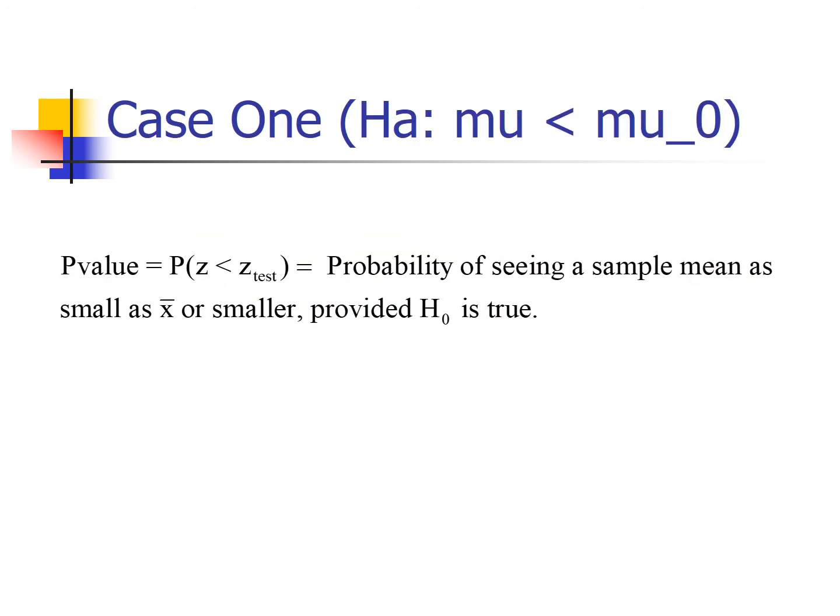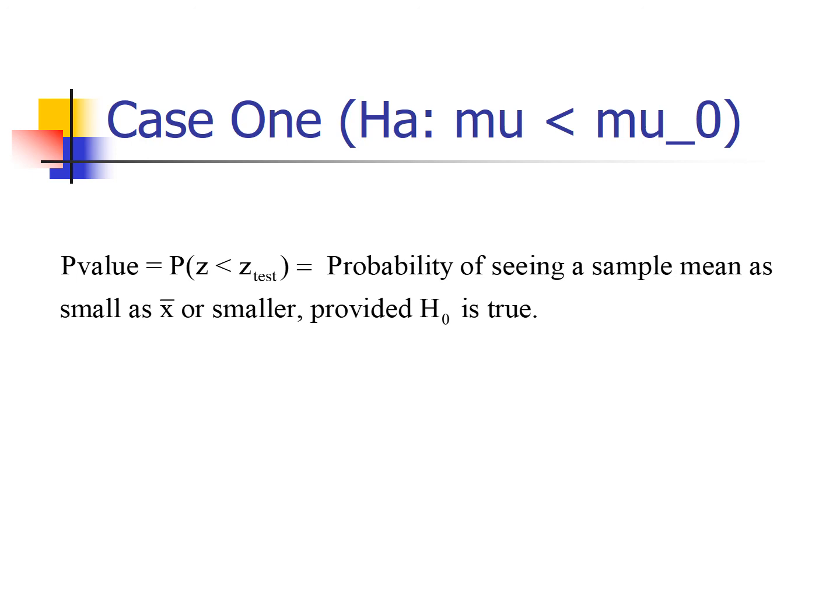So, case 1, I wrote up what that is just to remind you. That's that the mean is less than mu naught. If it's a well-specified hypothesis, and we have every reason to believe that the true mean is less than our hypothesized mean, then our sample mean should be less than our hypothesized mean.